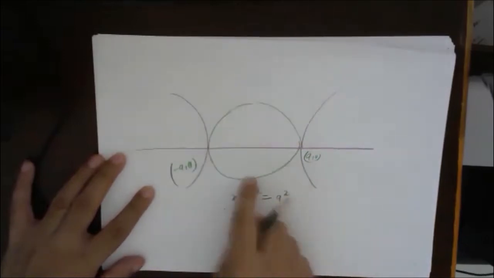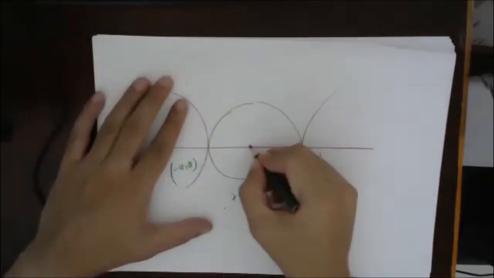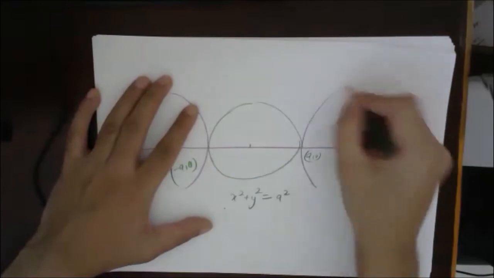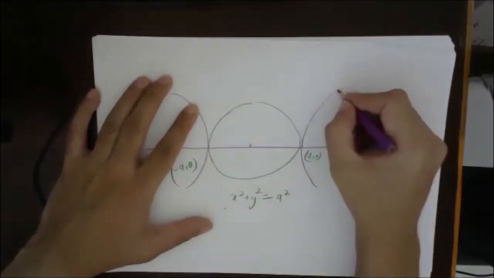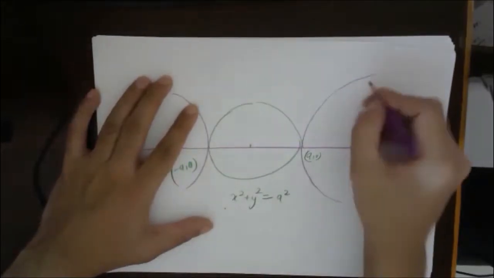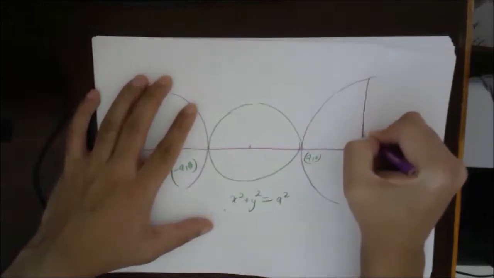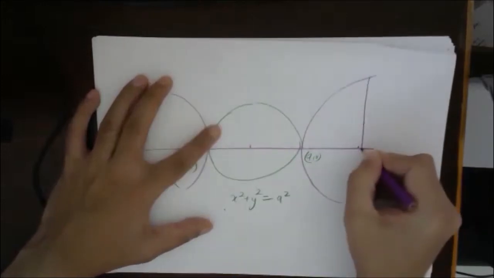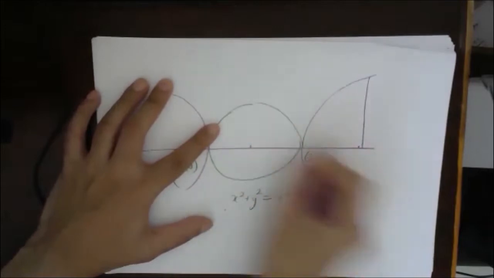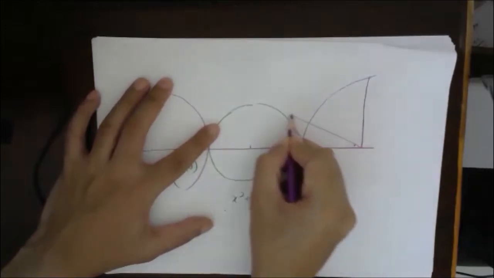Now from this auxiliary circle, whatever point we have to take on the hyperbola, we'll drop a perpendicular. Wherever it touches, from there we'll draw a tangent. Suppose we have drawn the tangent here.